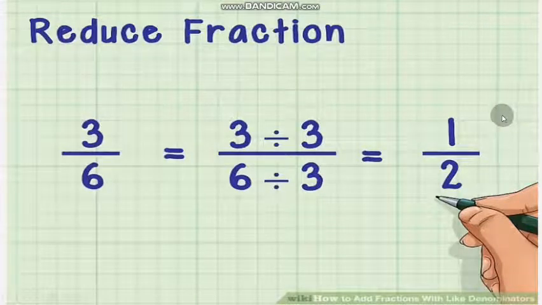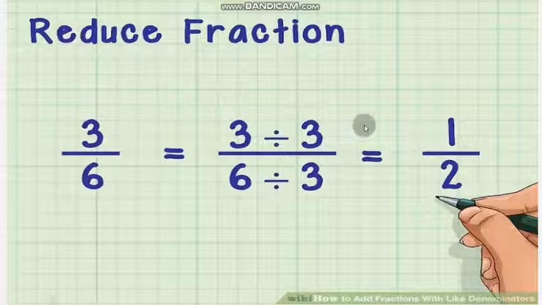Next, I am going to teach you about this. Reduce the fraction if you can. A fraction is said to be in its simplest form when both the numerator and the denominator don't have any common factors that they can be divided by.